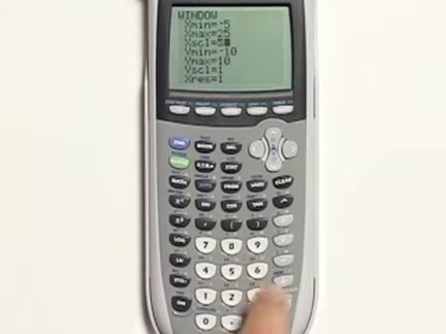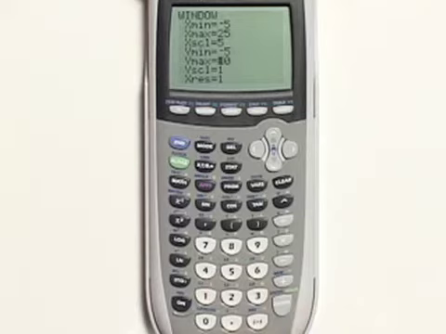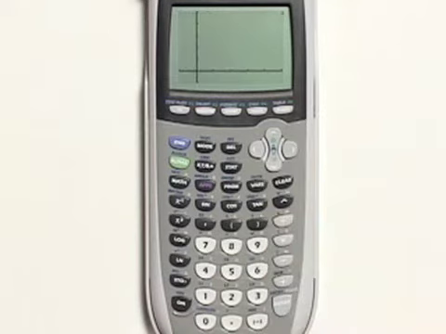We'll use a scale of 5. For the minimum y value, we are going to use -5. For the maximum y value, 25, and for the scale, 5. Now let's graph these by pressing the graph key, and we'll see the first graph come in. And now the second graph is very similar, but you will see a little bit of space showing that there are 2 points of intersection.